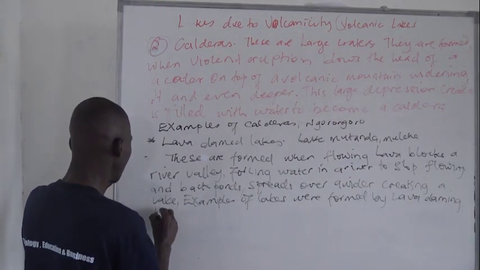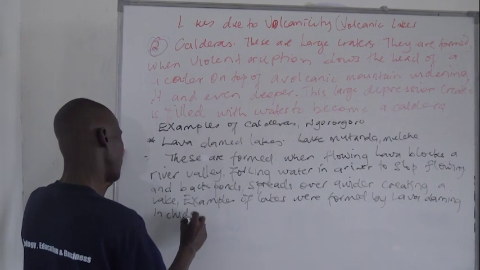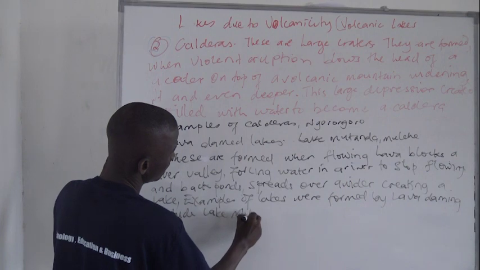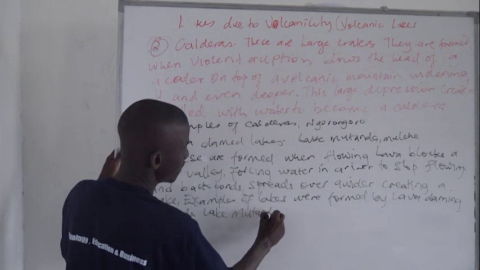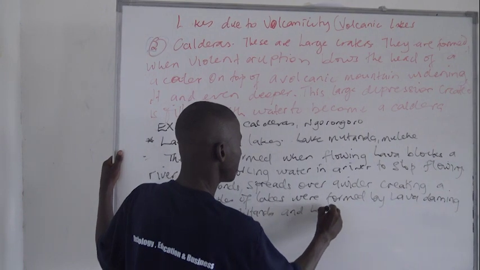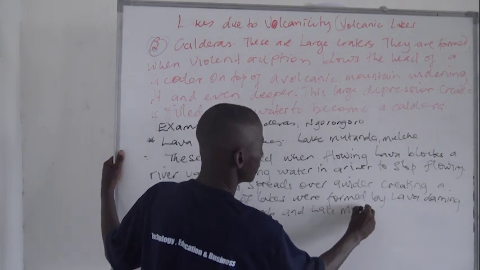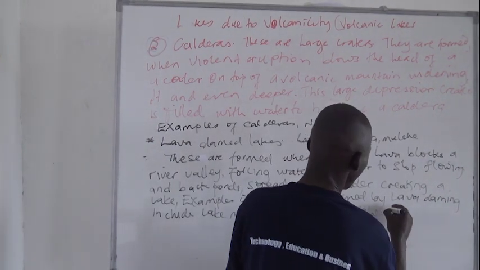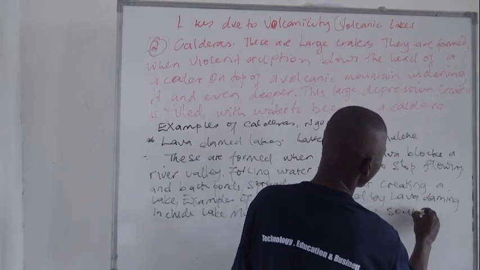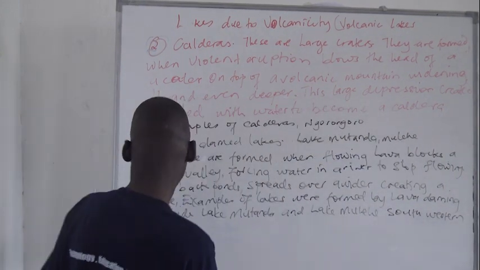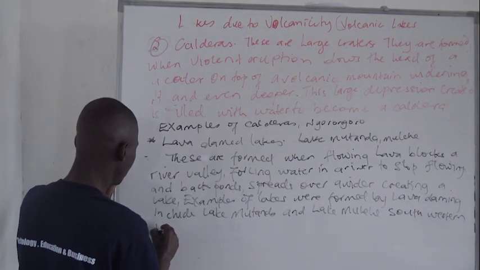They include Lake Mutanda and Lake Mulehe. These are found in southwestern Uganda.